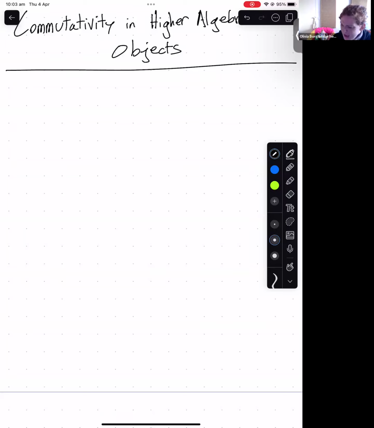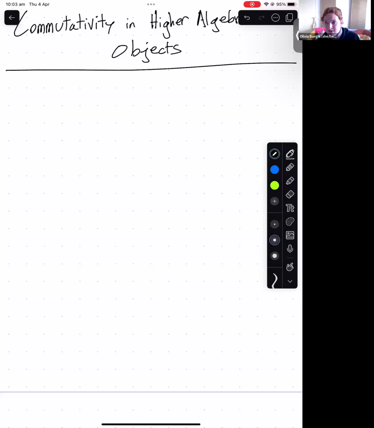But I'm going to define it in a somewhat unfamiliar way, using operads. It allows me to define it in one sentence, but in order to do that, we have to build a bunch of machinery first. So I'm going to start by building an operad.